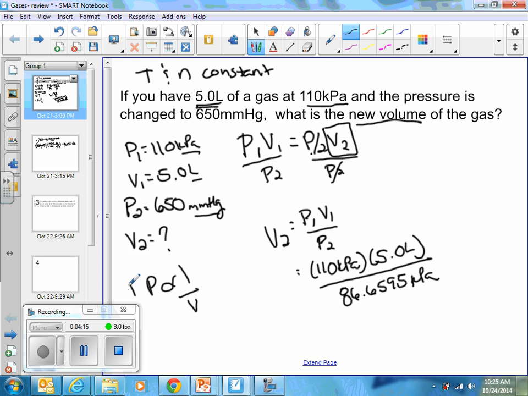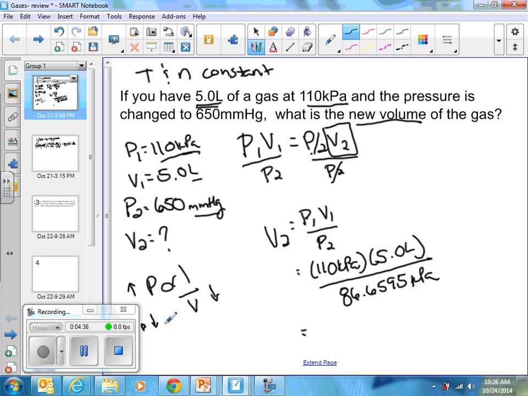So that means if pressure goes up, volume goes down. In this case, my initial pressure was higher than my final pressure, so I should expect my answer to give me a volume that is greater. Since they're inversely proportional, my pressure is lower, so my volume should be higher.